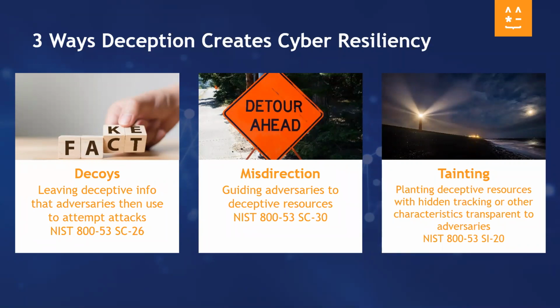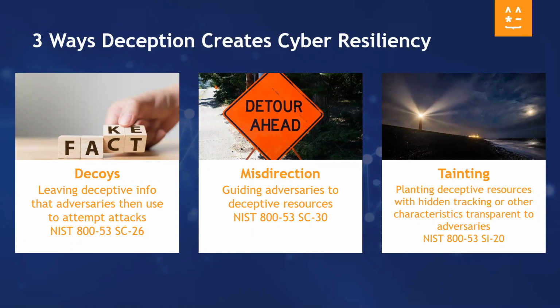SC-26 does call out the requirement to have decoys, which is really changing the environment to provide an attractive set of targets for adversaries that are more along the lines of a honeypot, a honeynet, a deception network, decoy lures, as they're referred to. So that is now part of the 853 control set, as Rev 5 gets published as the final standard.